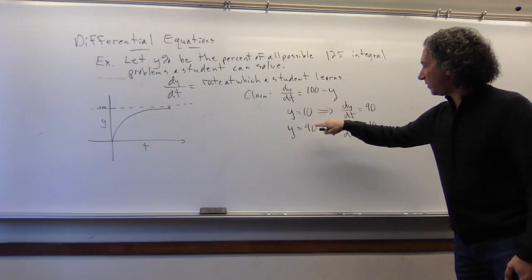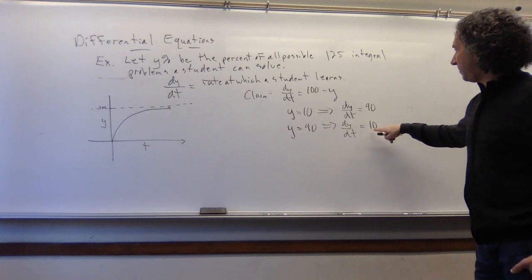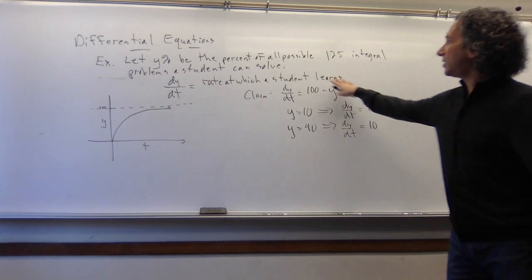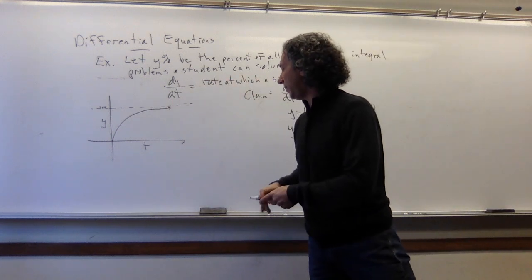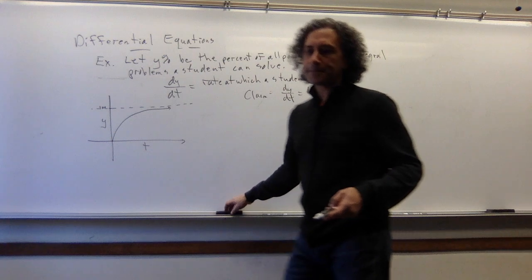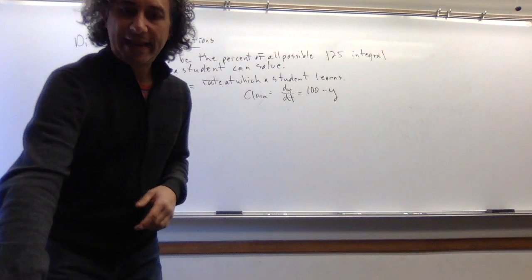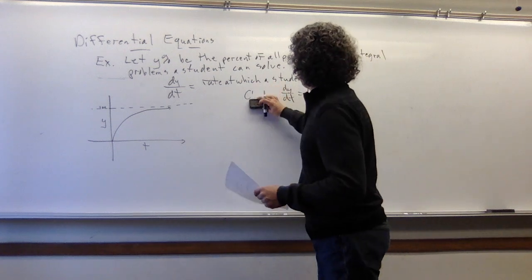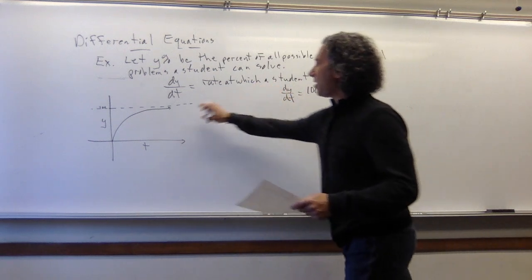When I know a lot, the rate at which I'm learning is slowing down. Okay, so this seems like an equation that could potentially model this situation.